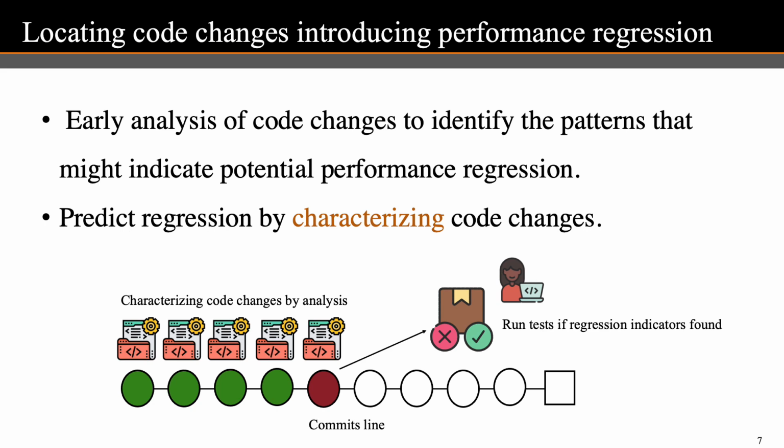Early analysis of code changes will help in identifying patterns that might indicate potential performance regression. Code changes will be characterized based on information gathered from the early analysis. This approach will help by prioritizing the execution of performance tests only when the code is suspected to slow down the system.